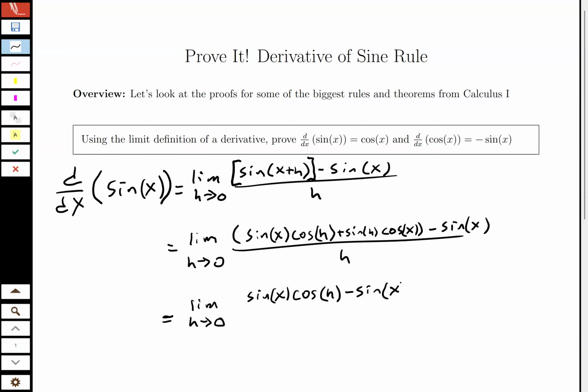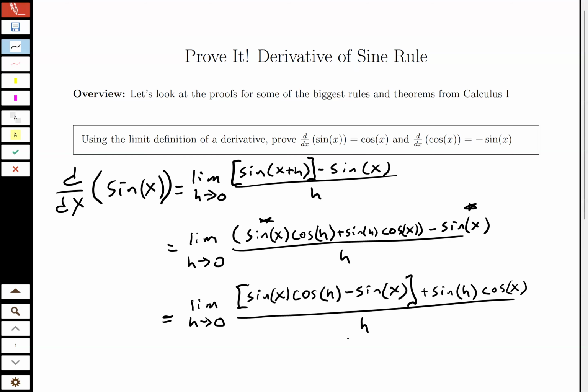Why don't we group together our sine of x stuff? There's a sine of x here. There's a sine of x here. Let's group and see if we can factor a bit. And this entire thing is over h.